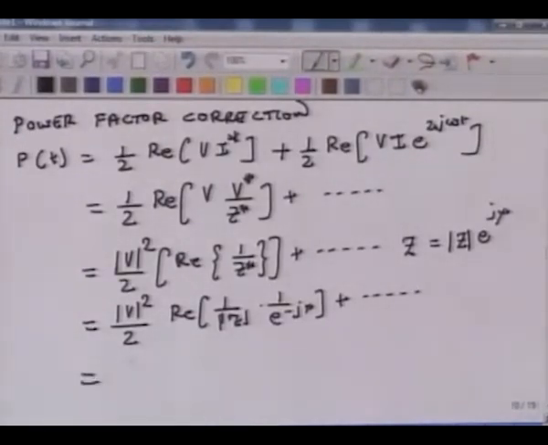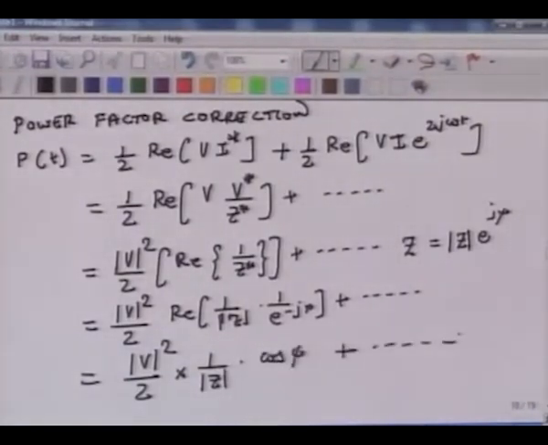And so it becomes V squared over 2 into 1 over magnitude of Z times cosine psi plus other things. This number cosine psi is the power correction factor.